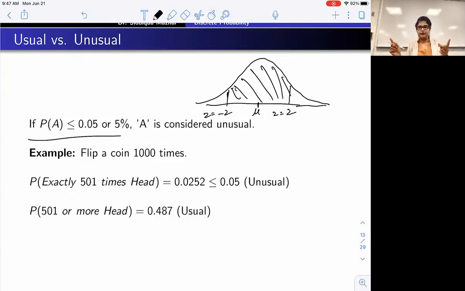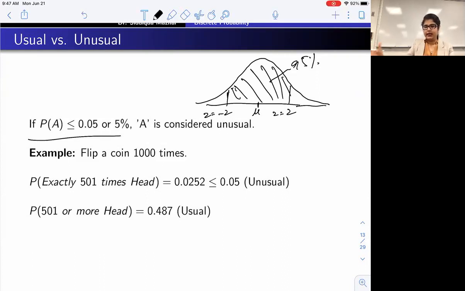Two standard deviations away from the mean will cover 95%, I guess it was. Yes, it was 95%. But if it covers three standard deviations away from the mean, then it is covering 99.7%.